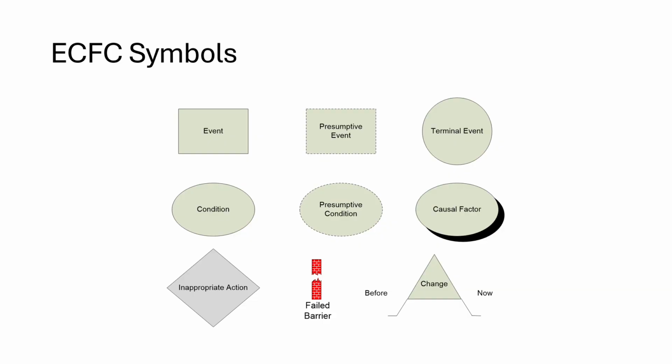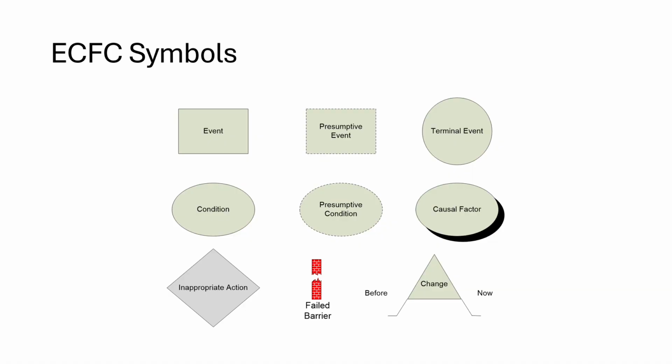So square boxes are events, dotted boxes are presumptive events, things that maybe you are trying to corroborate or figure out if they did occur. Similarly, a condition is the oval, and a presumptive condition is a dotted oval. Inappropriate actions are represented by a diamond typically. Failed barriers, it doesn't have to be red brick like here, but it typically is some kind of a broken barrier.